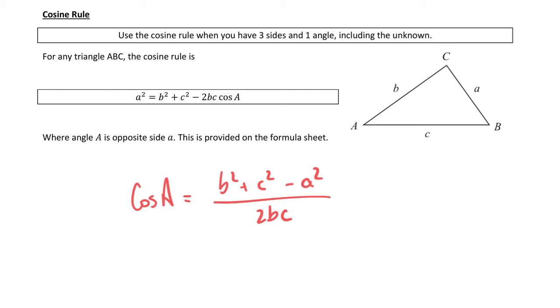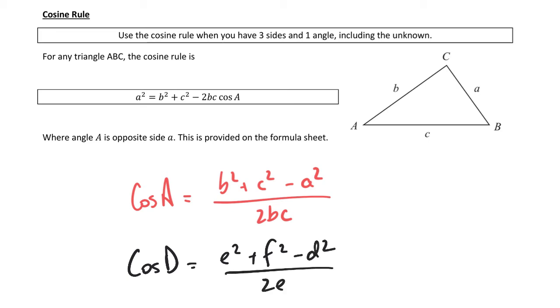So it's the A at the start and A at the end, and then 2bc. Similarly, in the previous form, we've got a squared and cos A at the end. So it's a very similar pattern. And we can apply this for P, Q, and R, or D, E, and F. So we could have the cos of D is going to be e squared plus f squared minus d squared over 2ef.